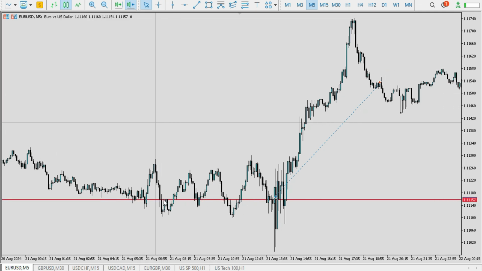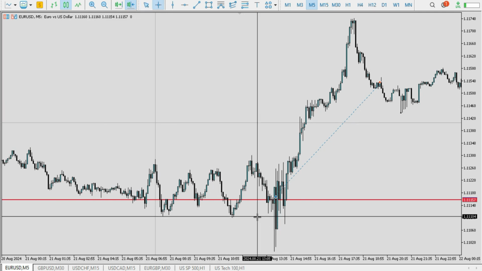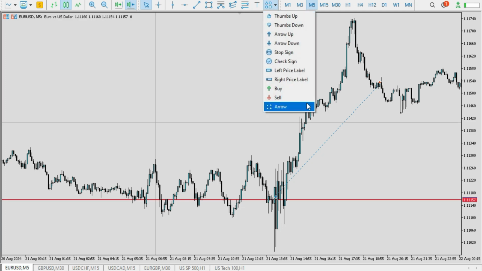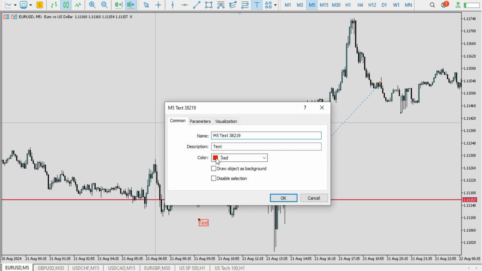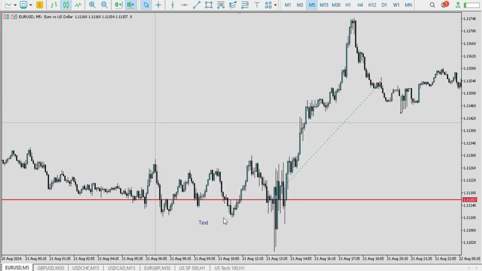So accumulation or consolidation, manipulation with the news. So we have sell side liquidity, SSL, stop hunt. I don't want this video to be long.